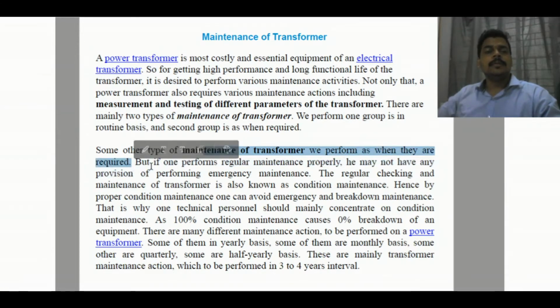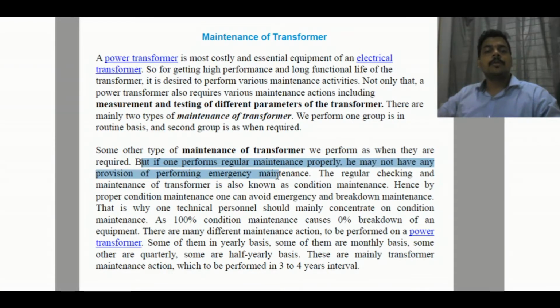But if one performs regular maintenance properly, he may not have any need of performing emergency maintenance. It means that if we maintain the transformer periodically, we don't need to perform emergency maintenance, so there is less chance of failure of that particular transformer.